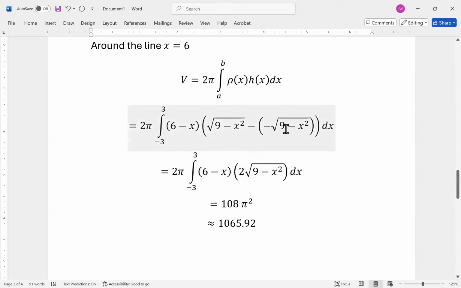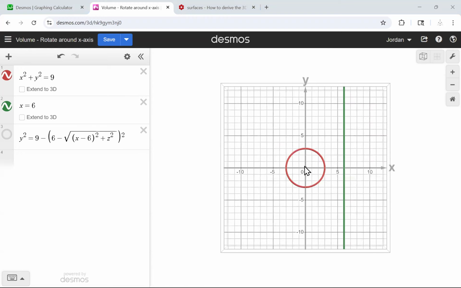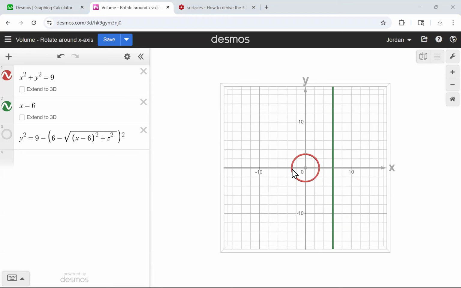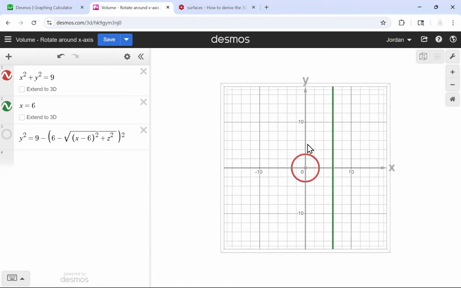Let's look at a picture of that torus. All right, so we're looking at a torus, and obviously I don't expect you to be able to graph these on your own or anything, but you should be able to graph in 2 dimensions what's going on. But I just wanted to show you the picture of this. So we have a circle centered at the origin, radius 3.